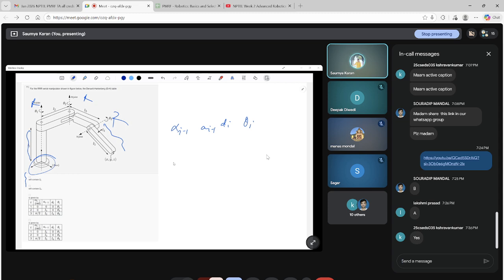So, actually, the issue is what should come in the DH parameter. It should be something which is happening in between the joints, and not because the extended part or the base part is there.